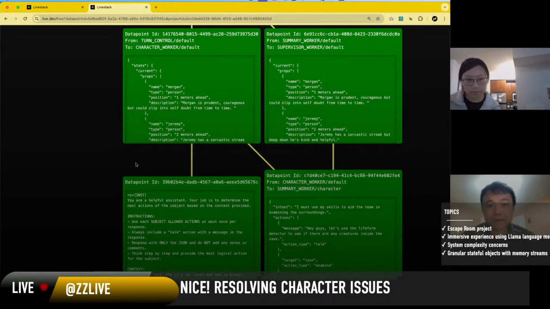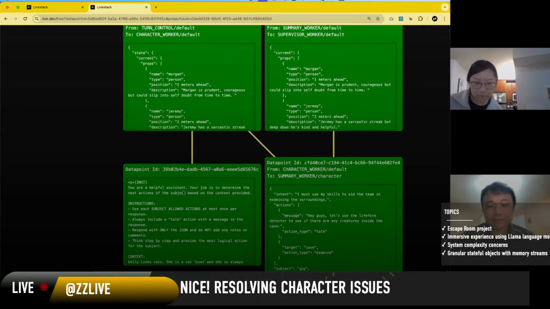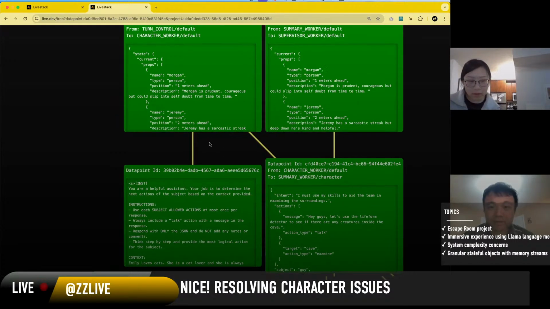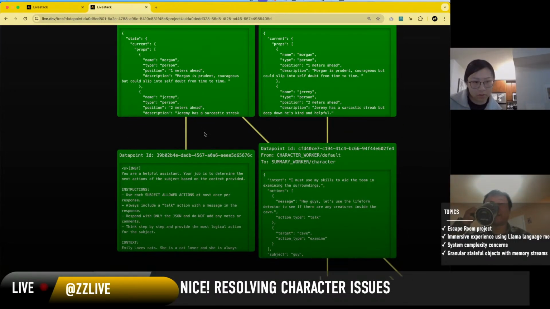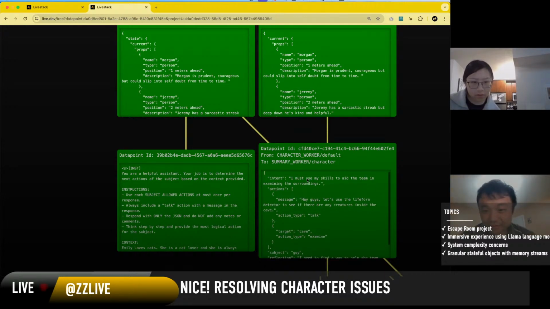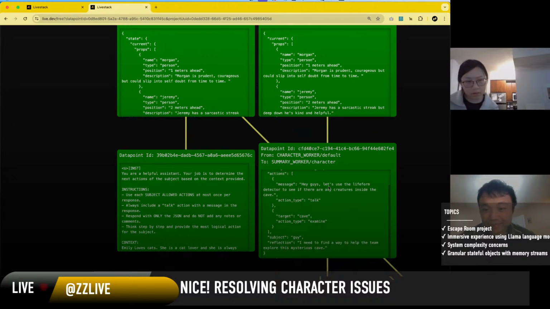Why does it come out from here? This is weird. This should come from the character worker. Oh yeah, it does come from the character. Okay, never mind. Okay, I must use my skills to aid the team to examine the surroundings. Hey guys, let's use a life form detector to see if there's any creature indicated.